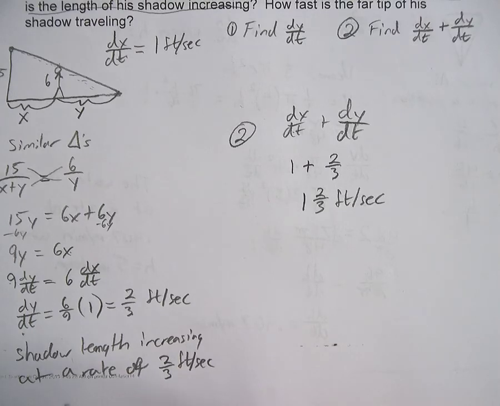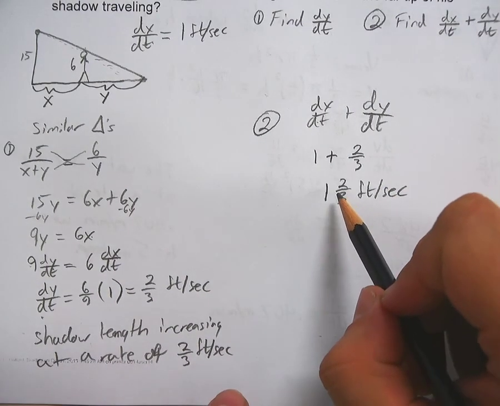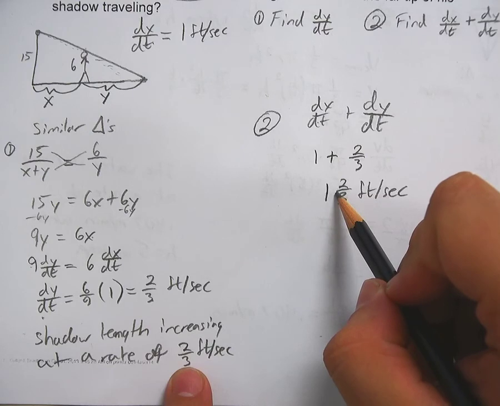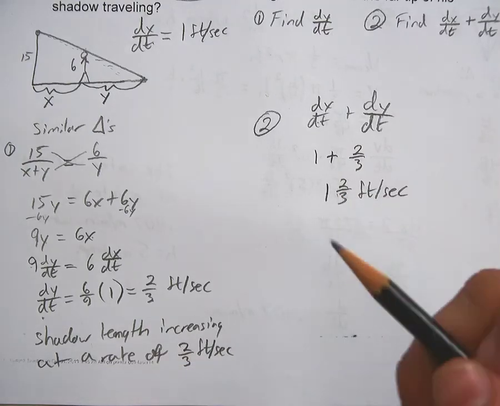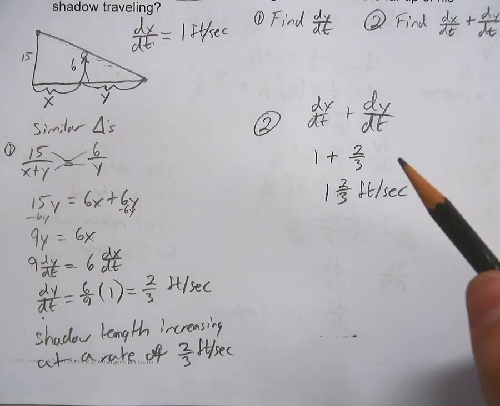So this is why we're saying that the shadow is getting longer faster than you're walking away from it. Right? So the farther you get from a lamppost, the faster your shadow is running away from you.